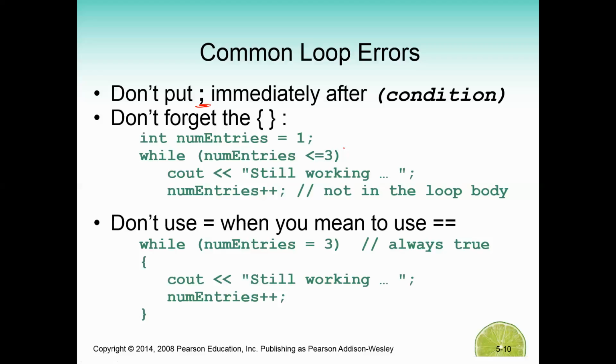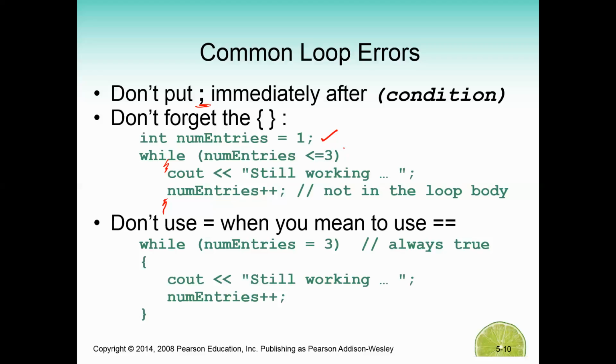Don't forget the braces. Like in this case, they have int numberOfEntries is set to 1, and then they have while. Okay, if it's going to be 2 instructions, we need to put them inside the curly braces. If it's only 1, that's fine then.